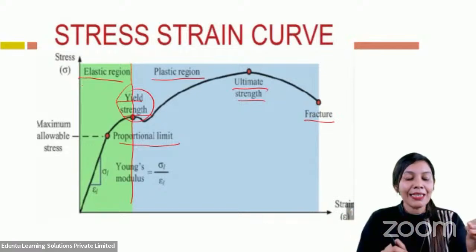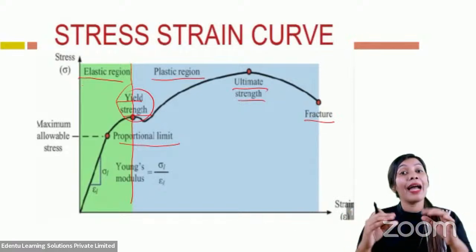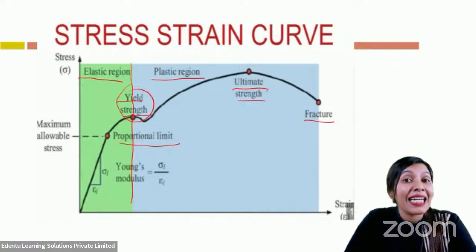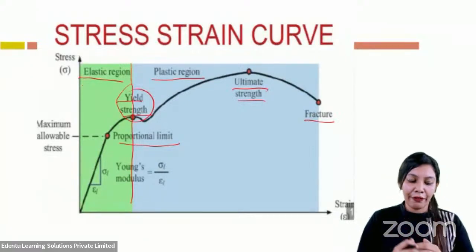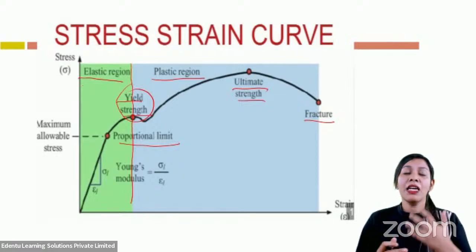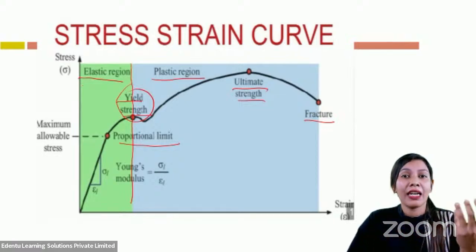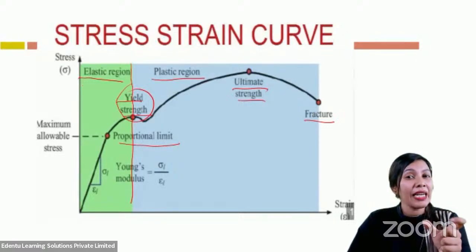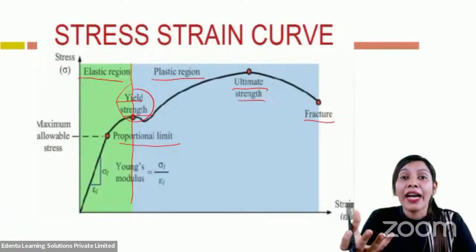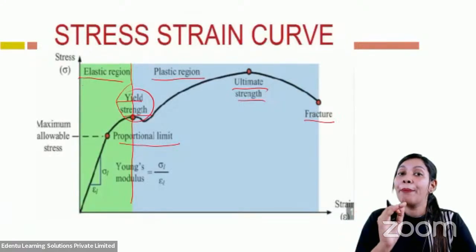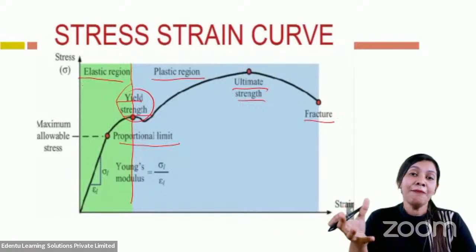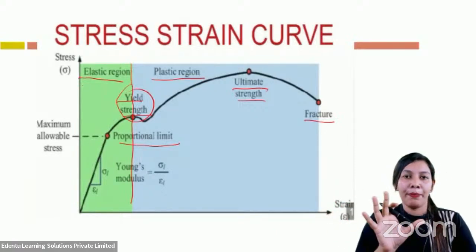But in yield strength, even though it comes back to its normal position, the stress is not directly proportional to strain. So that is the difference. What is the difference between proportional limit and yield strength? Proportional limit is according to Hooke's law, where stress is directly proportional to strain and the material comes back to its normal position. But in yield strength, the stress is not proportional to strain, but the material still comes back to its normal position.